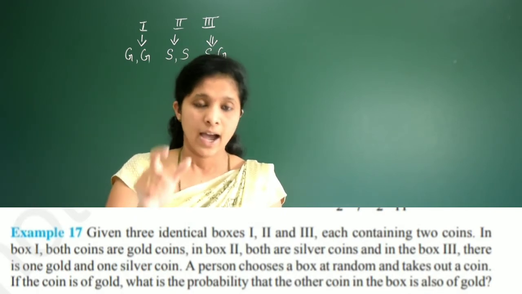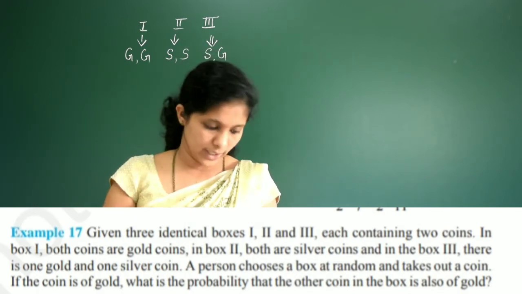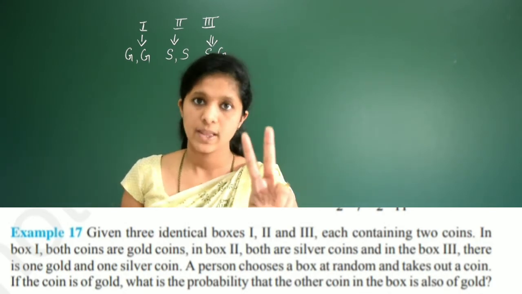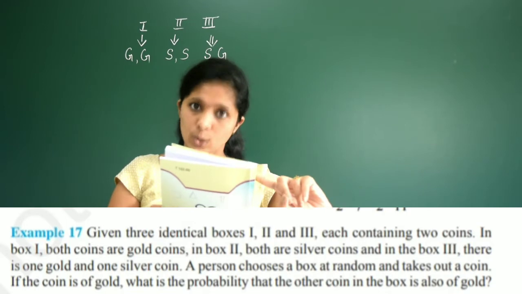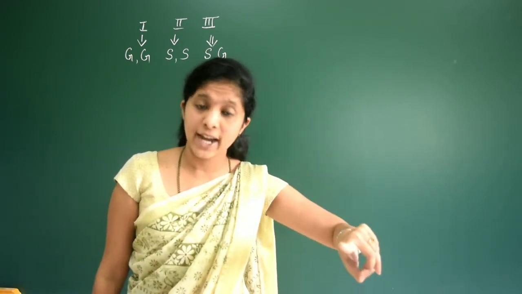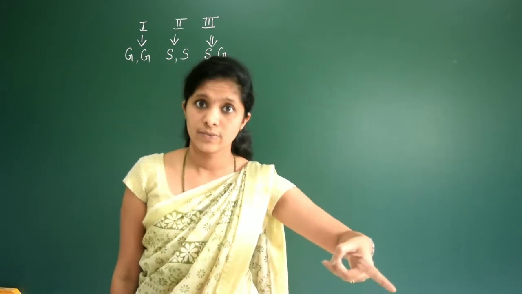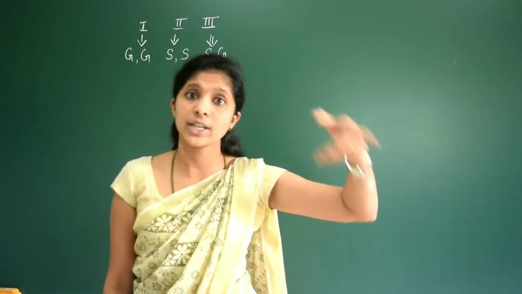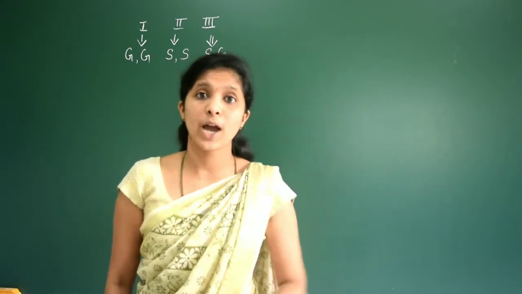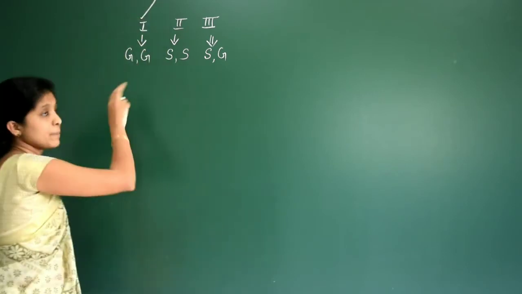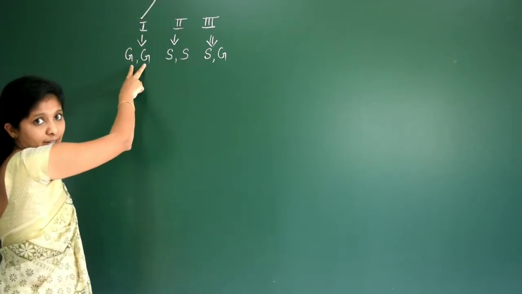Is it clear? A person takes out a coin. If the coin is gold, the first coin is already gold. Now you have to find what is the probability that the second coin is also gold. So which probability you have to find? Obviously that will be a probability from the first box, because only in this is that possibility there, right?